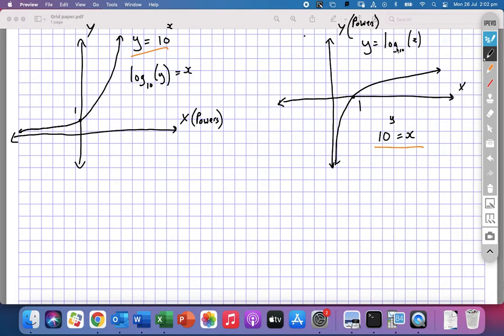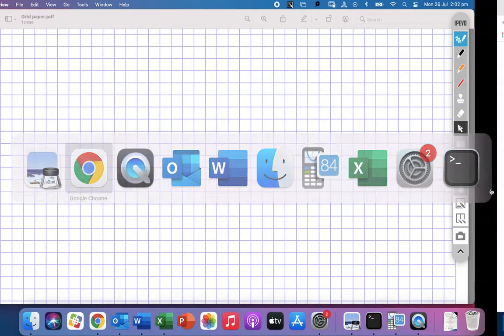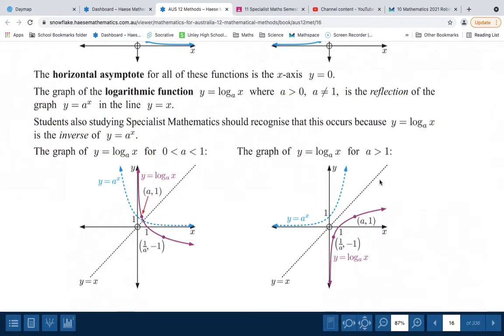So you can then imagine what that's going to look like graphically. I'll show you the picture. Like this line here, if you were to swap your x's and your y's, you get this reflection, I guess, about this diagonal line, y equals x, right?